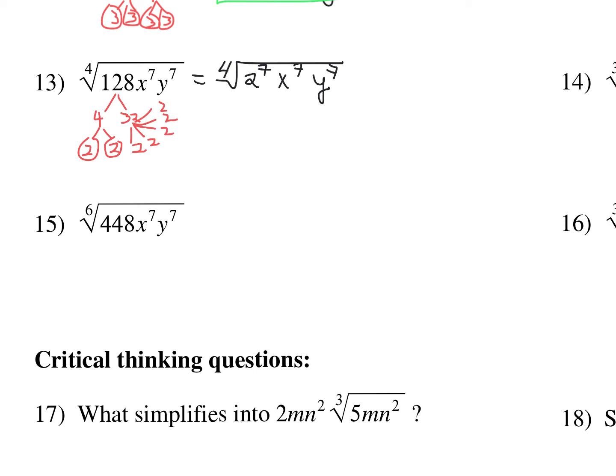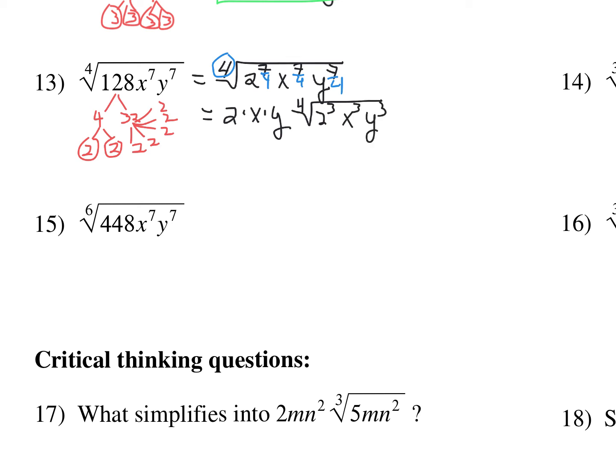So we're going to take this 4, and all of them can be divided by 4. 7 divided by 4 is 1 with 3 left over. So we're going to take 1 from each of these out in front, and 3 are going to be left over. Out in front is going to come 2, 1 x, and 1 y. Underneath the 4th root, we're going to have 2 to the 3rd left over, x to the 3rd, and y to the 3rd.